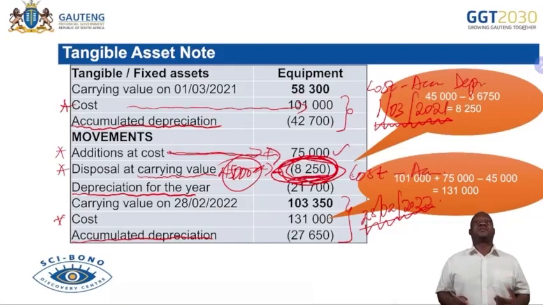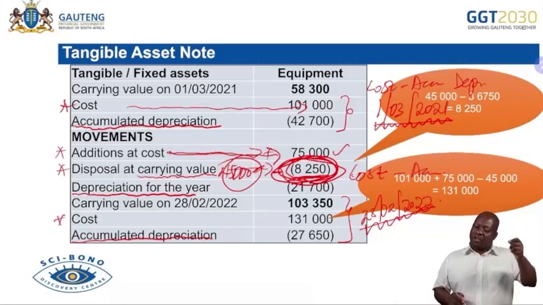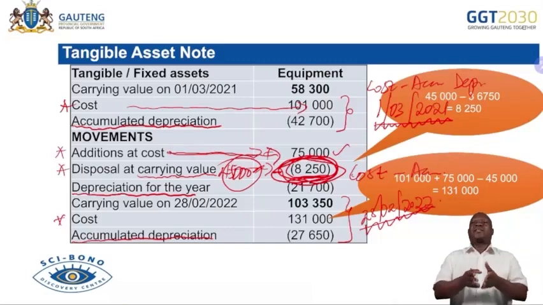Very important. The carrying value is used for recording purposes because we record at carrying value. But when it comes to calculating the balance at the end, we never use the carrying value. We look for the cost and the accumulated depreciation of the asset being disposed. Good.